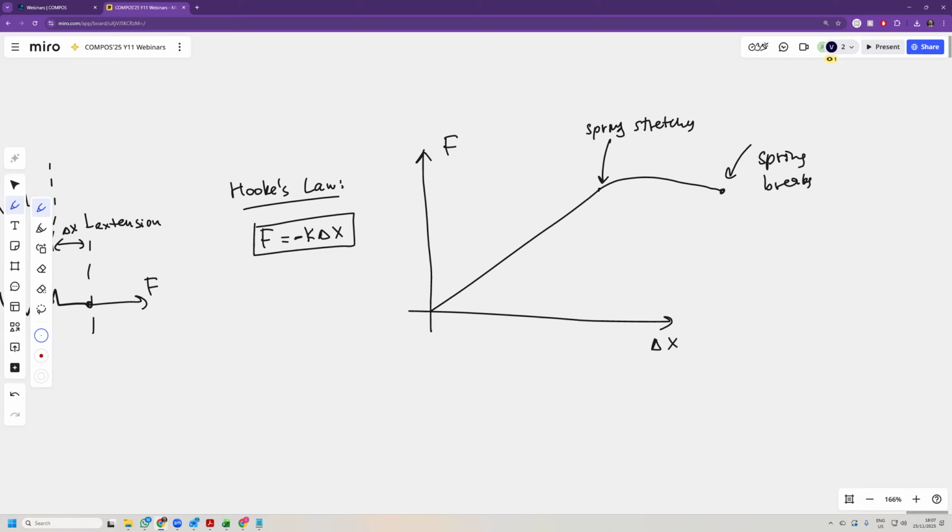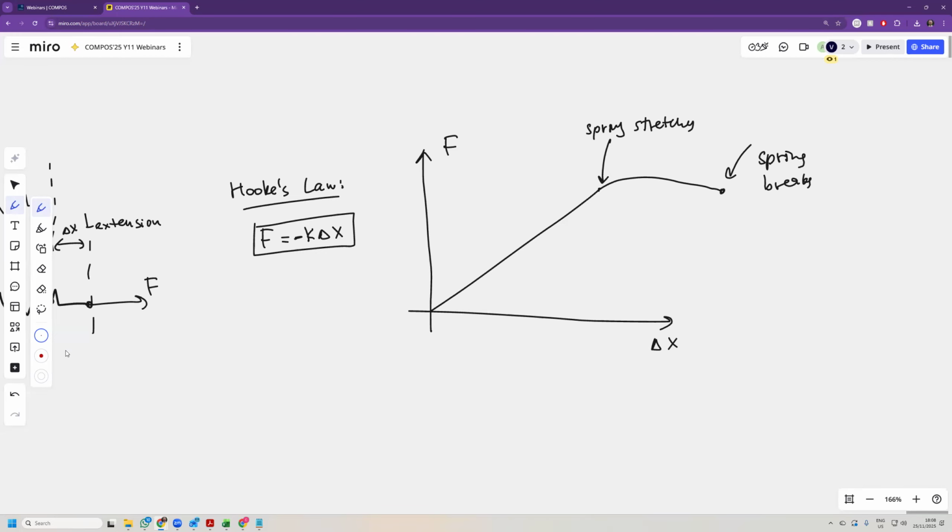When you stretch it, at some point it loses its strength and just goes, and then you can never put it back together. I'm sure some of you have destroyed pens in the past using that unsophisticated method. So that's what happens to the spring in this region of the graph.